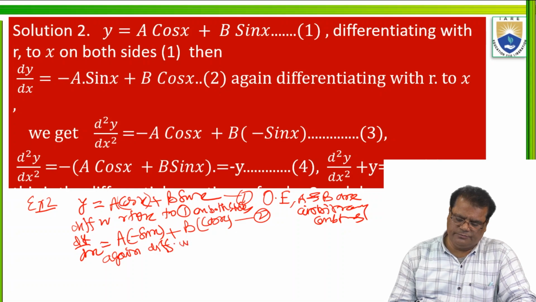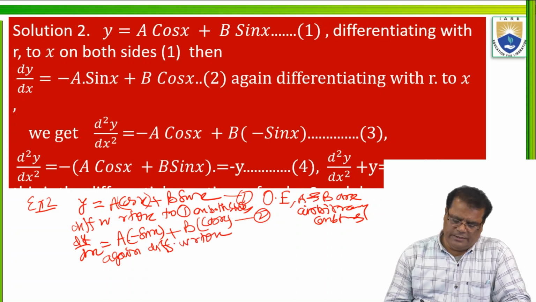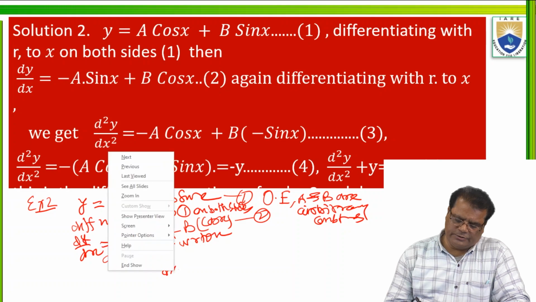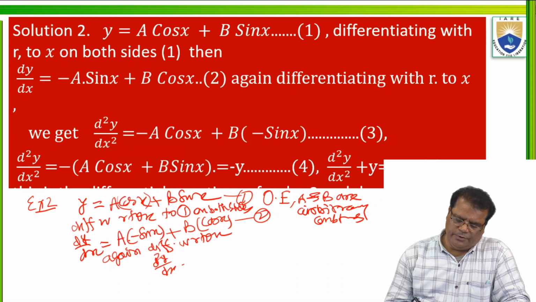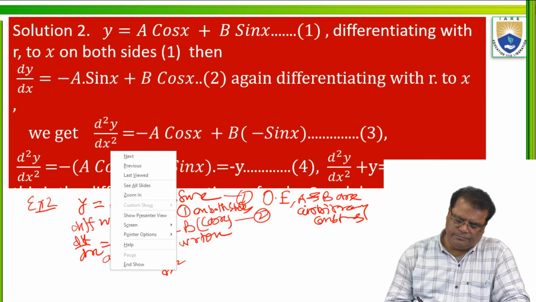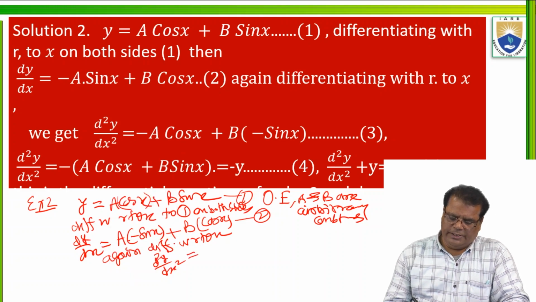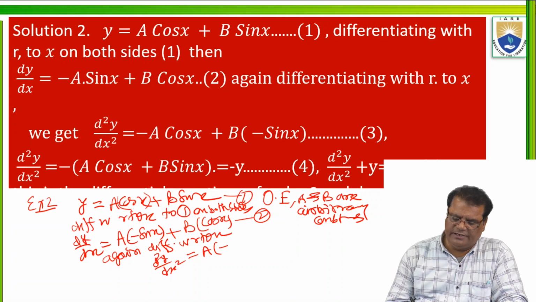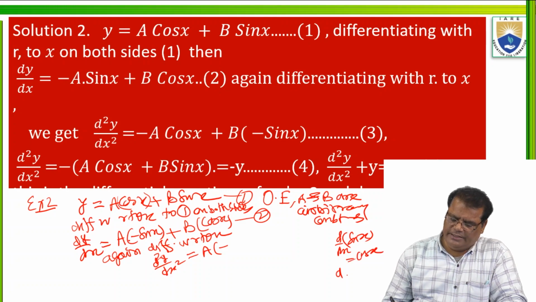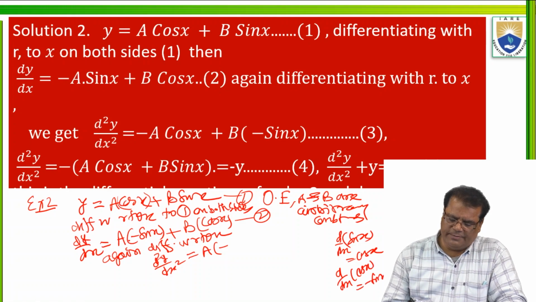Again differentiating the equation with respect to x, here we get d2y/dx2 equal to a, a constant, multiplied by the differential of minus sin x, which is minus cos x, and plus b times the differential of cos x, which is minus sin x.